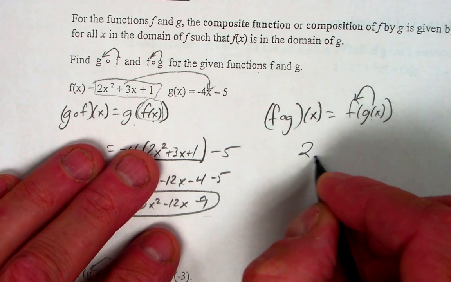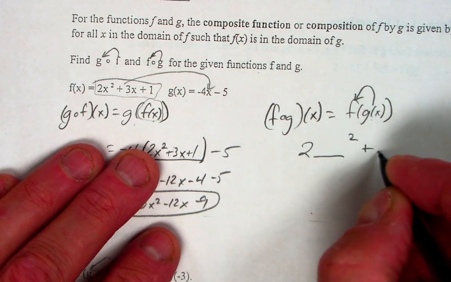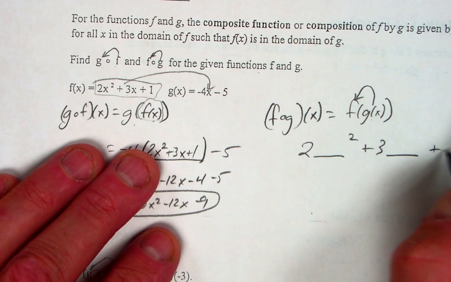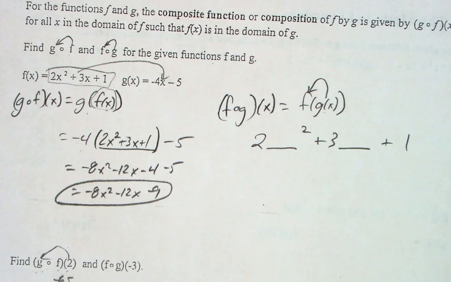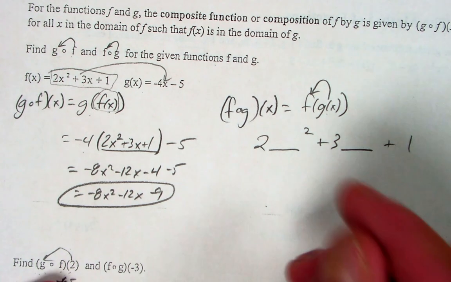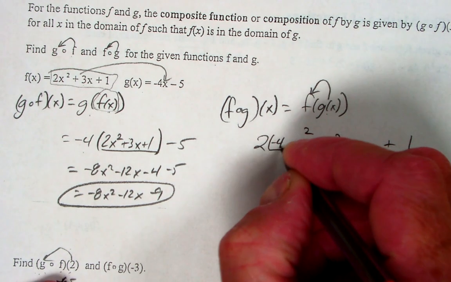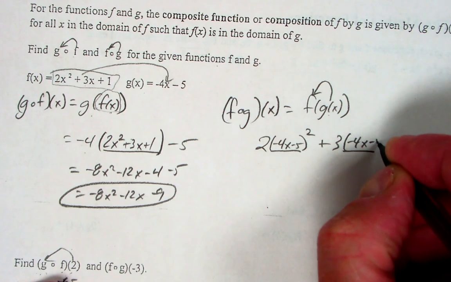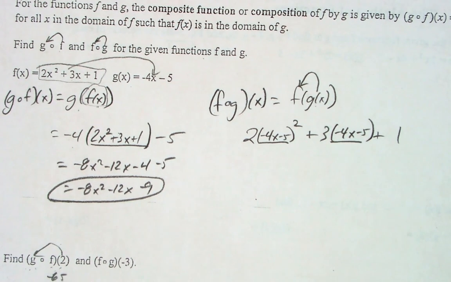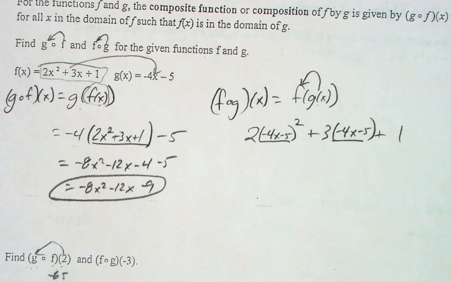Function f is 2 times blank squared plus 3 times blank plus 1. But what am I going to put in those blanks? Negative 4x minus 5. So now I've got to multiply that out.